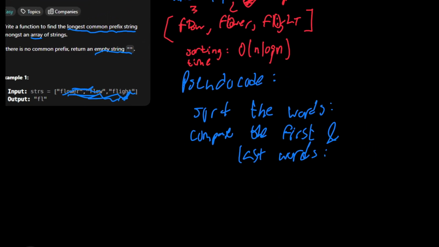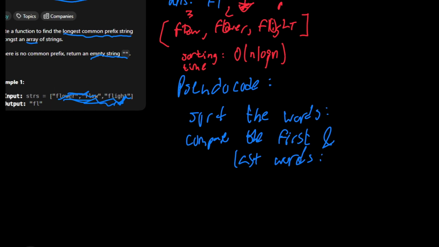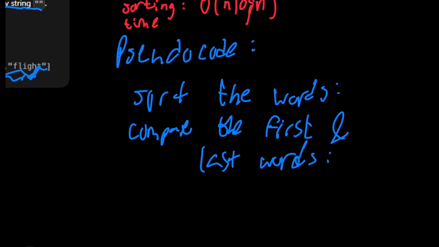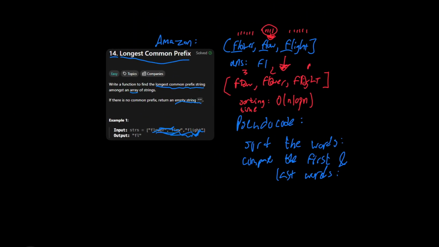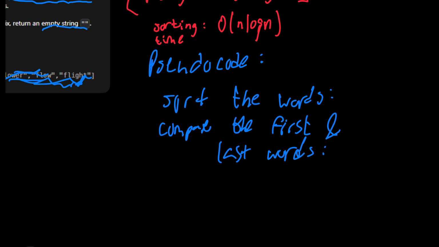And these words would be the most different in the array, but they would also have the longest common prefix. This makes this problem so much easier because we only need to compare 2 words after sorting.